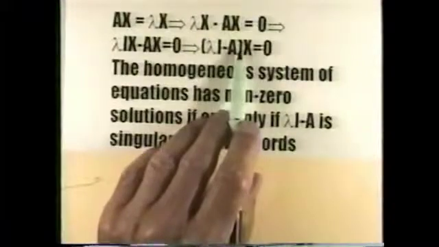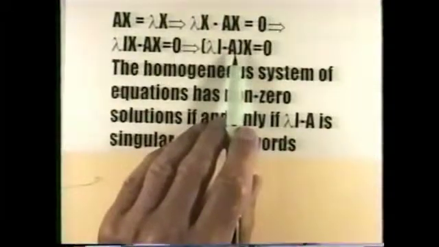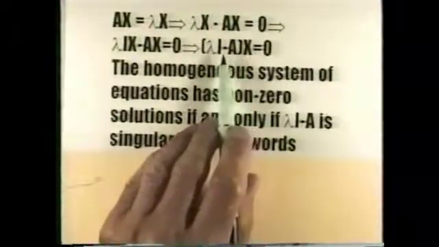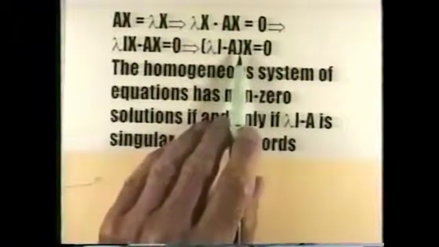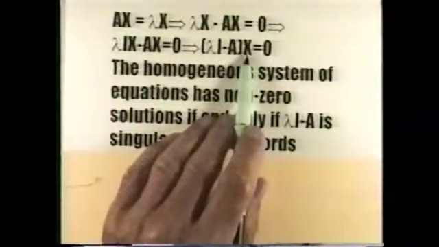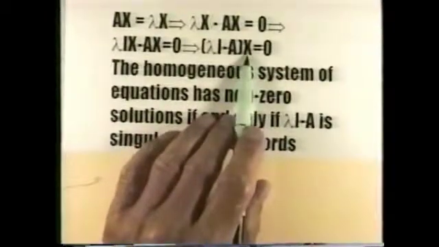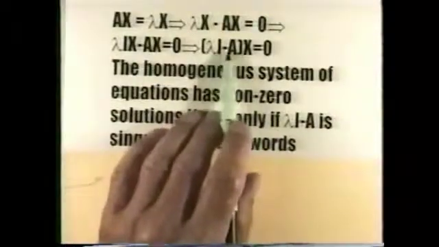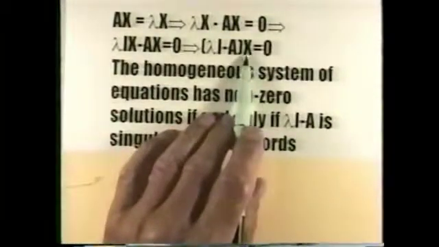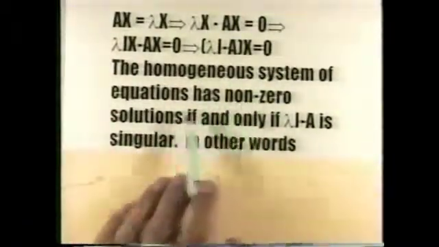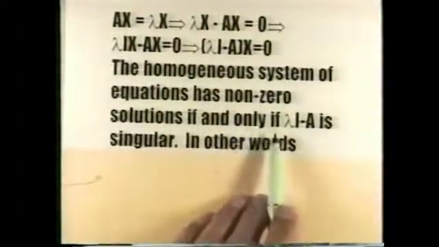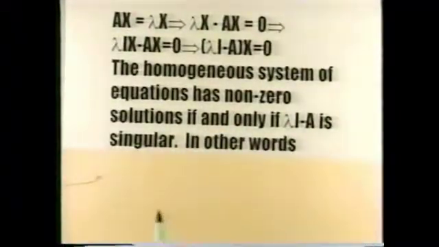If it has a unique solution set, then that solution set has to be the set of zeros. In other words, all the components of X would have to equal 0, because we know that the trivial solution with X equals 0 would make it true. So if this has only one solution, it's the trivial. So if it's going to have non-zero solutions, then it must be singular.